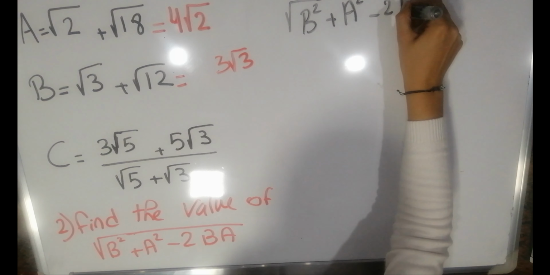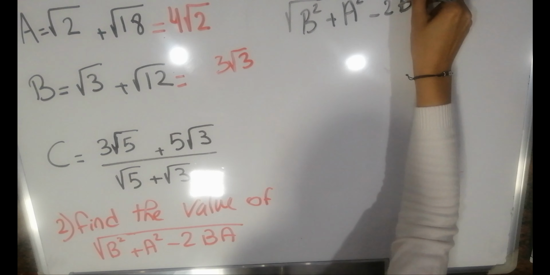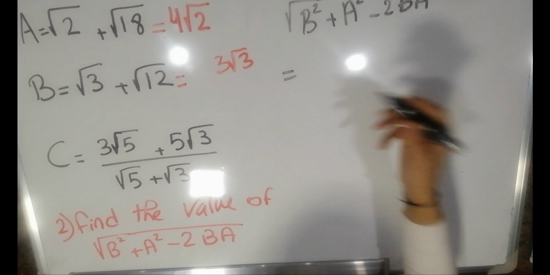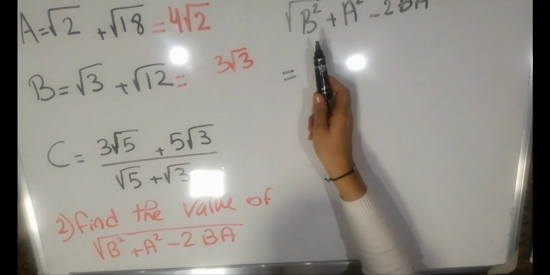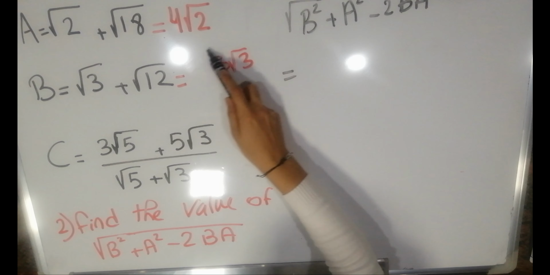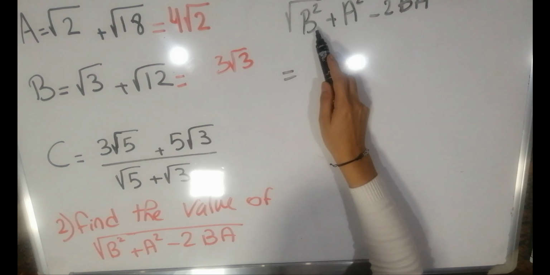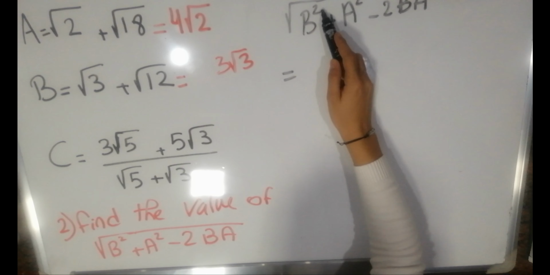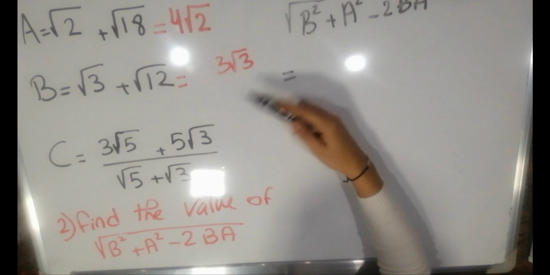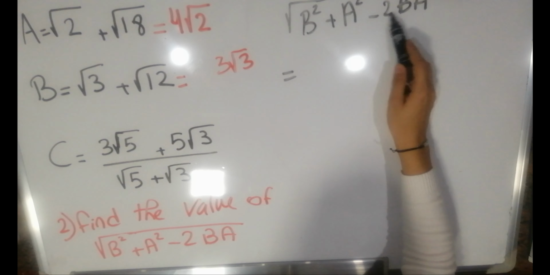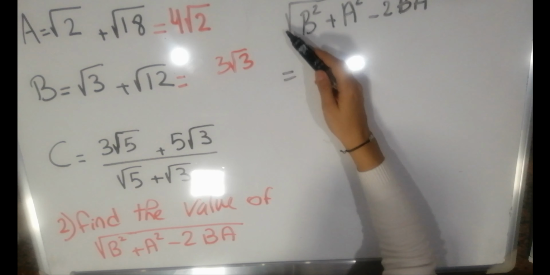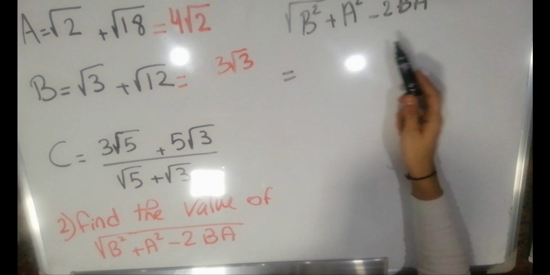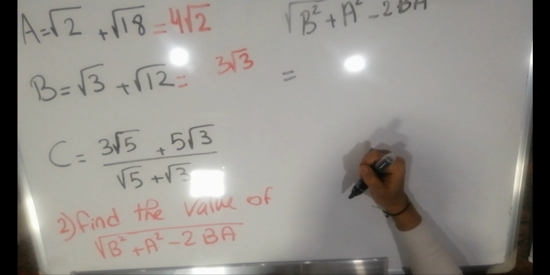What may come across our head is that we will find the value of B and substitute it here, then make the square and distribute the square also for A, and then multiply B and A, and then maybe we will struggle with this big radical and how we can get rid of it.